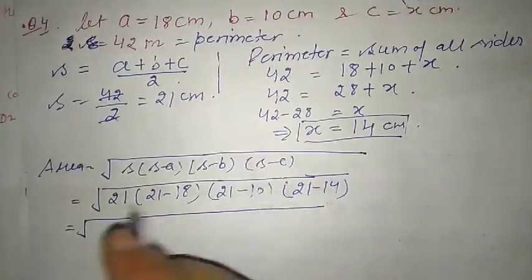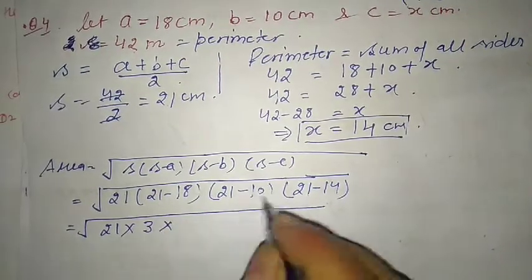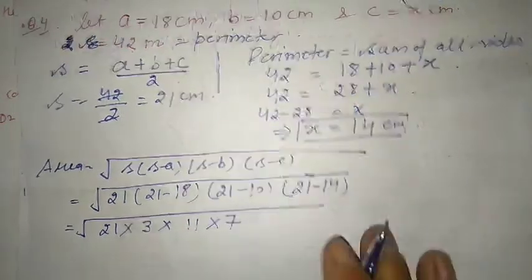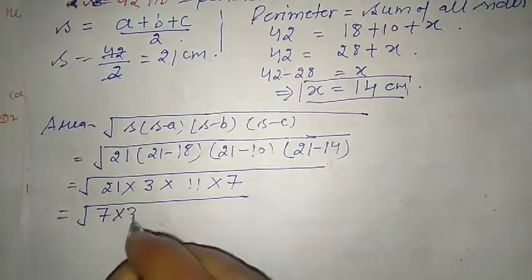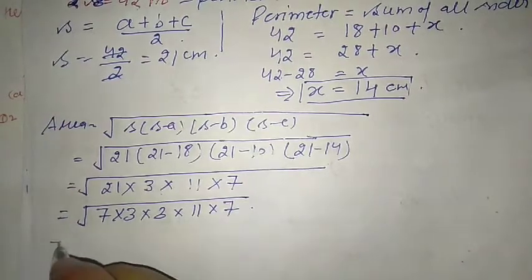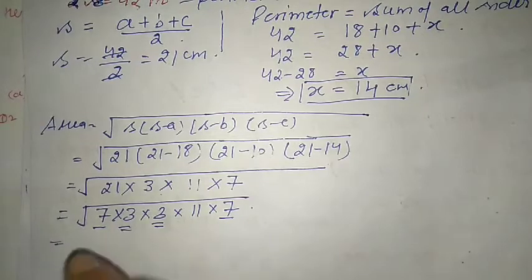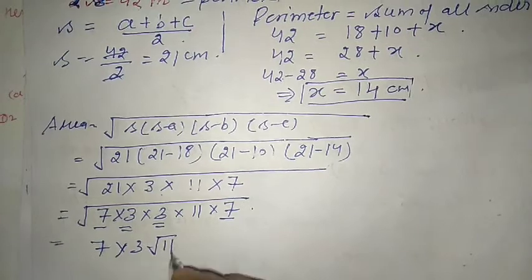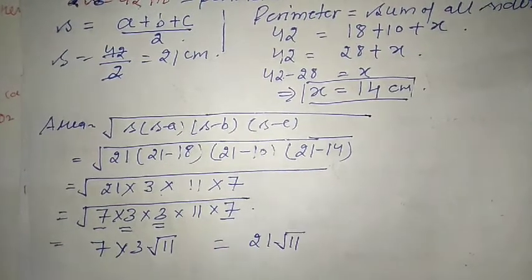Under root, this is 21. 21 minus 18 is 3, this one will be 11 and here is 7. Okay. So 21 can be divided as 7 into 3 into 3 into 11 into 7. So this is in pairs. So 7 can come out, 3 can come out, but 11 will remain in the root. So this becomes 21 under root 11.